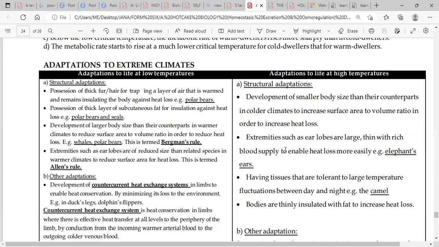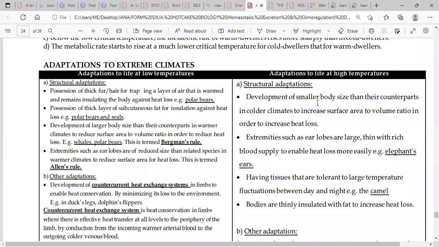They also have tissues that are tolerant to large temperature fluctuations between day and night, e.g. the camel. We have bodies being thinly insulated with fat to increase heat loss.